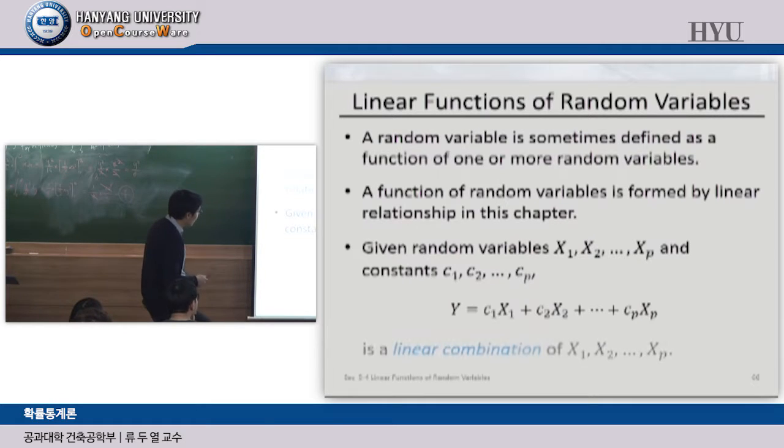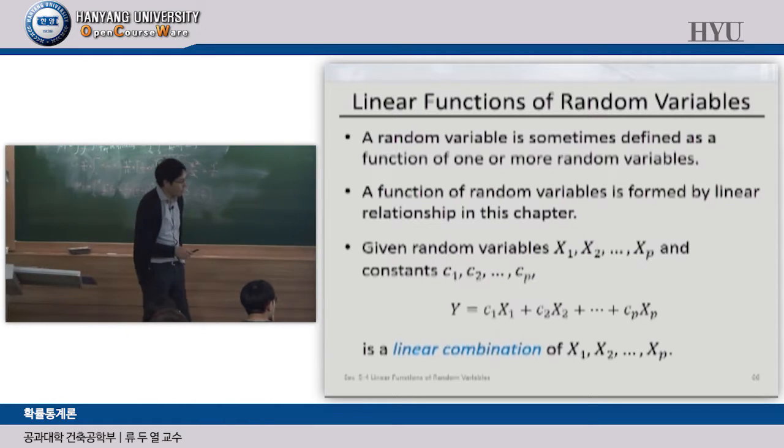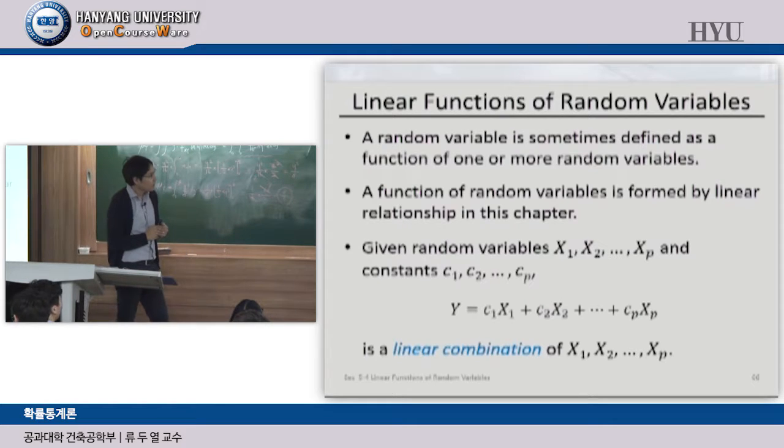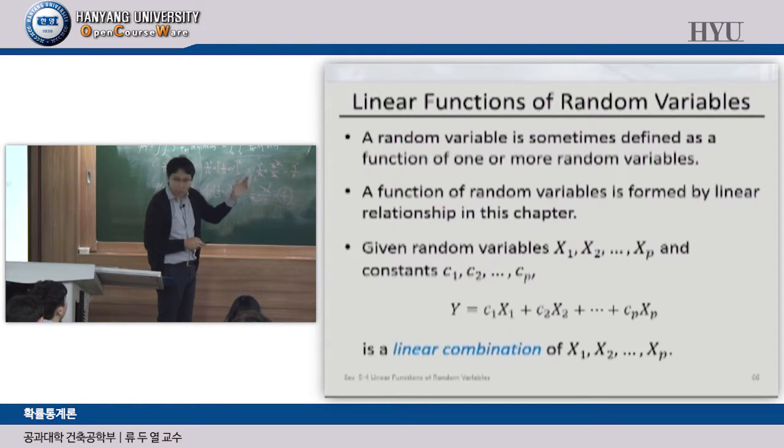And this is the linear combination of all the random variables. So we can provide the new random variable y that is equal to this linear relationship.